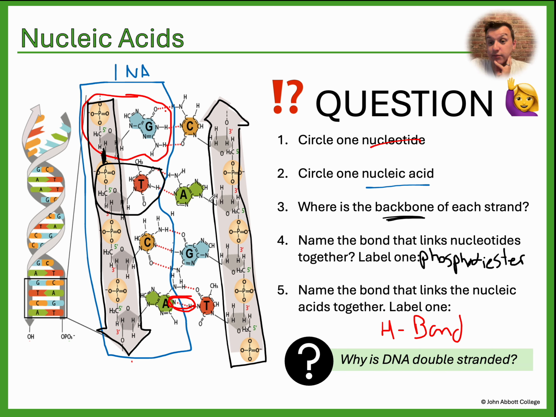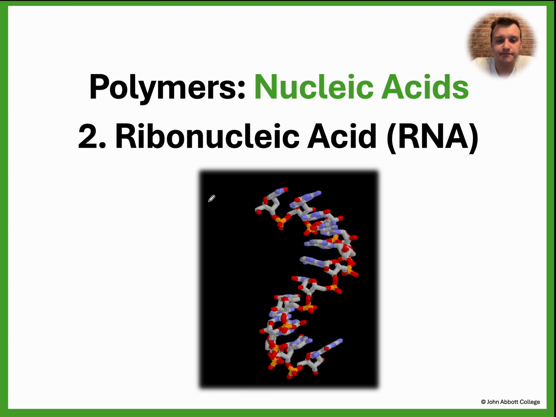Why is DNA double-stranded? Because it stabilizes the molecule and it hides the bases inside, right? And the nice big strong bond, the sugar phosphate on the ends, protect the outside, and they protect the inner nitrogenous bases that are there, right?